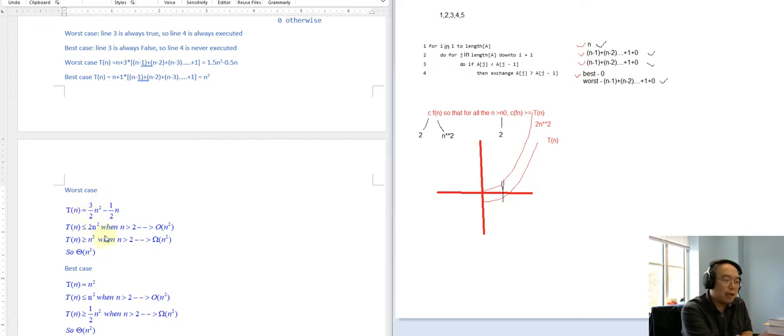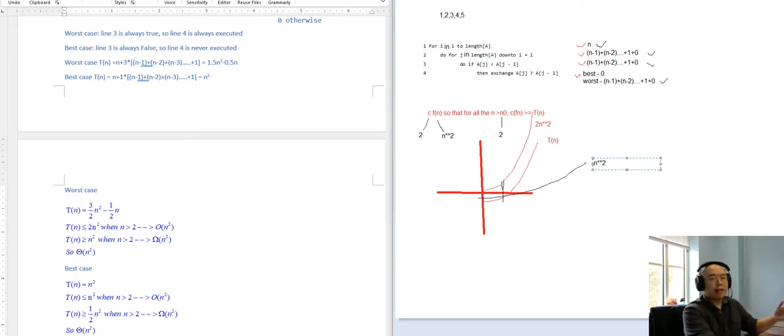So in this way, after a certain point, I can prove that 1.5 n squared minus 0.5 n is going to be greater than 1 n squared. So I want to find a lower bound, probably somewhere here.